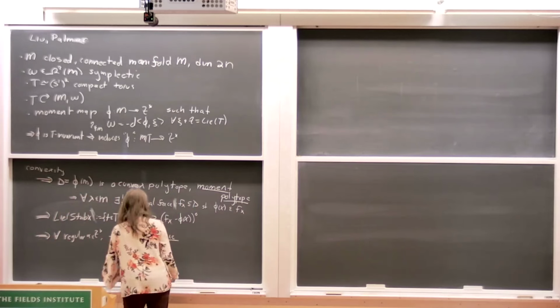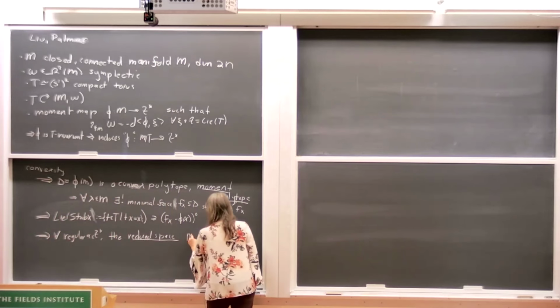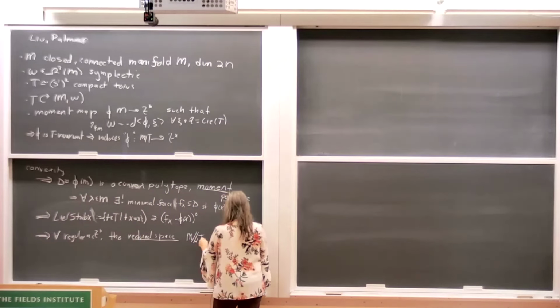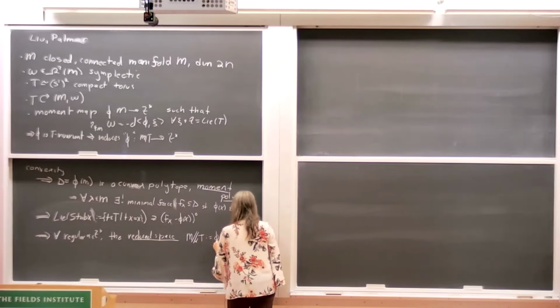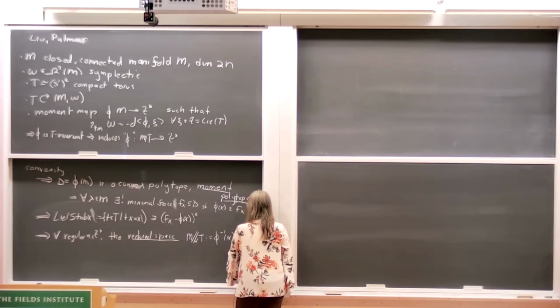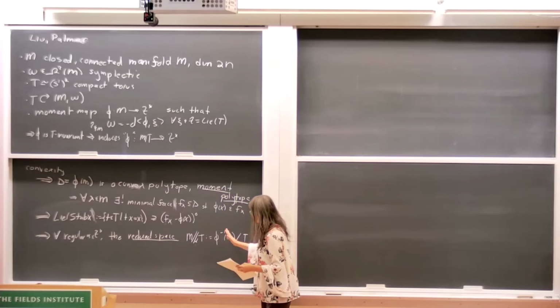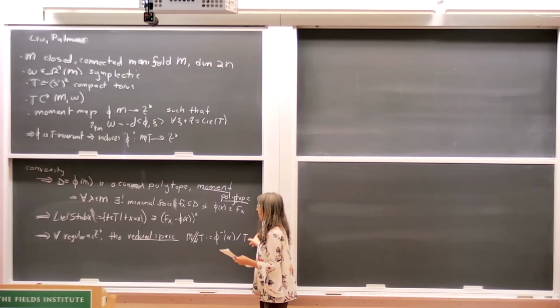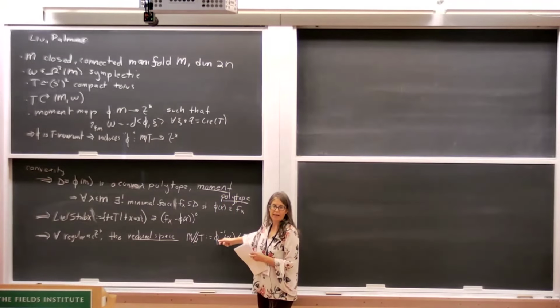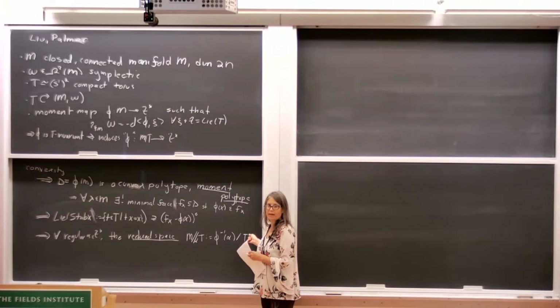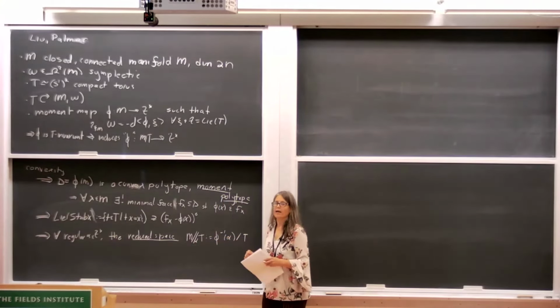I'm going to write it as M mod mod_alpha T, and it's defined to be phi inverse of alpha divided by T. If you think about this, phi is a map to T star, which is k dimensional. So if I'm at a regular point, I'm going to reduce the dimension by k by going to the fiber and reduce it by another k by dividing.